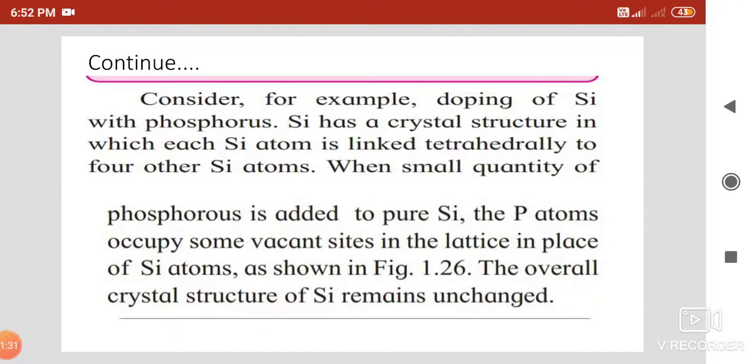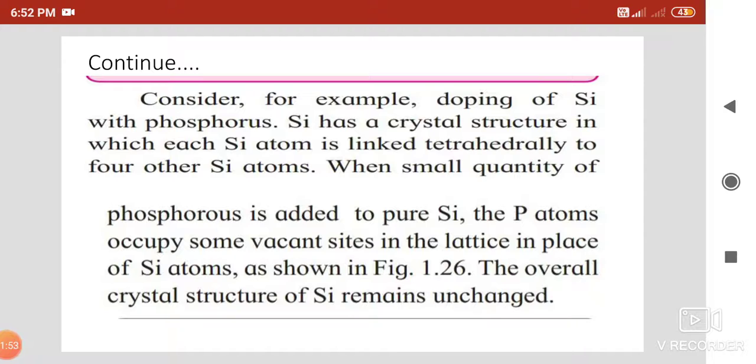Consider the example, the doping of silicon, which belongs to group 14, with phosphorus, which belongs to group 15. Silicon has a crystal structure in which each silicon is linked tetrahedrally to 4 other silicon atoms.